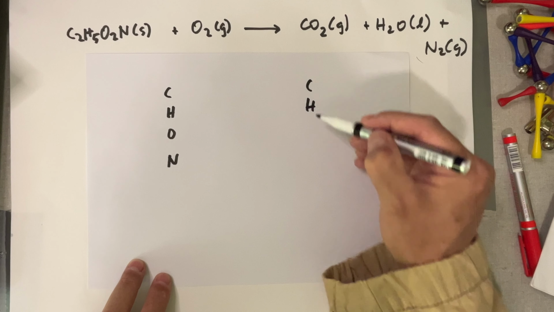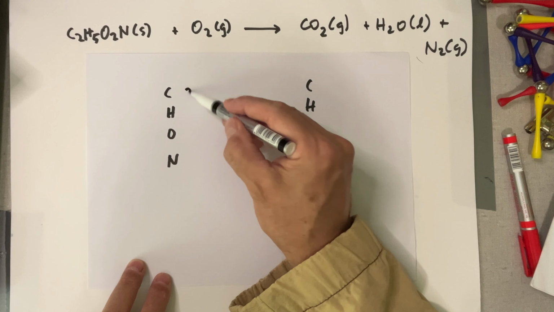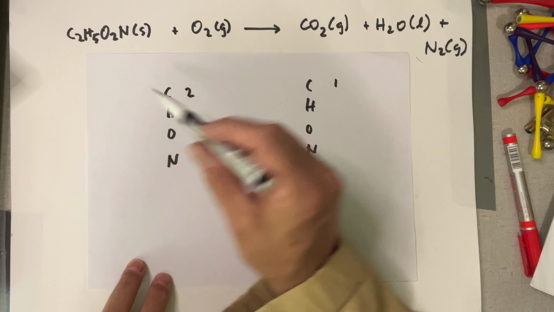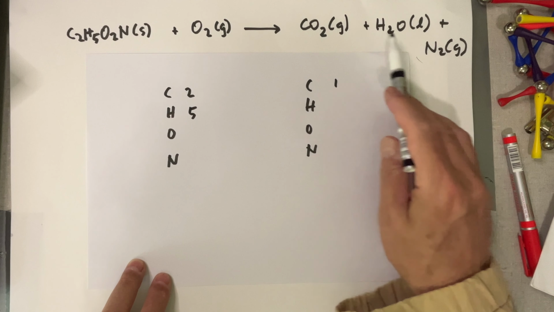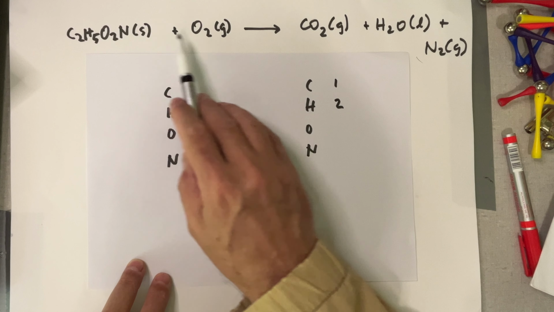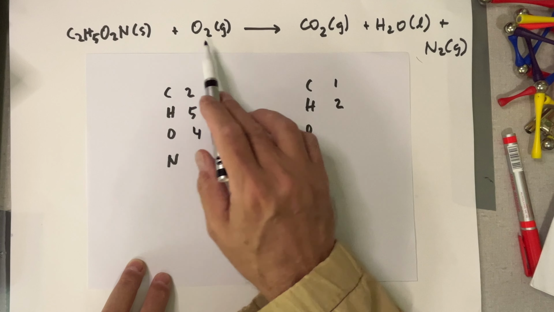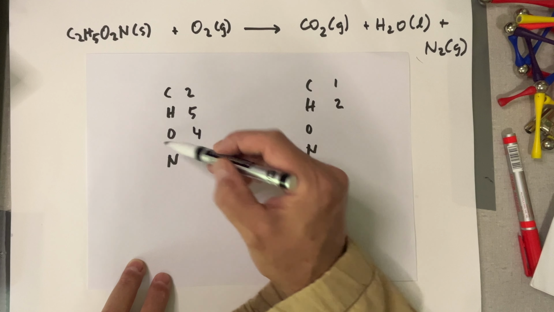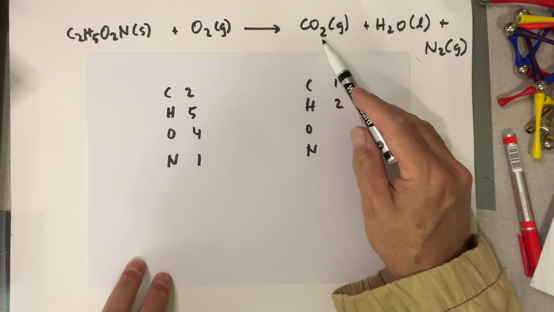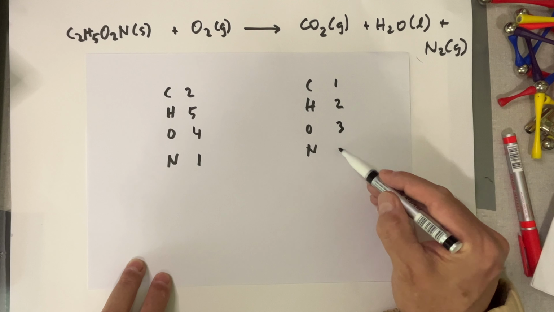Similarly on the product side, here you have 2 carbons, here you have 1 carbon, here you have 5 hydrogens, here you have only 2, here you have 2 plus 2, that's 4 oxygens on the product side, and you have 1 nitrogen, and here you have 3 oxygens, and you have 2 nitrogens.